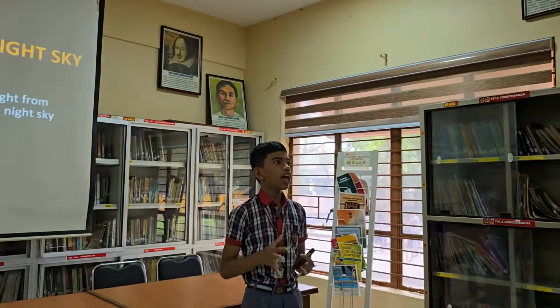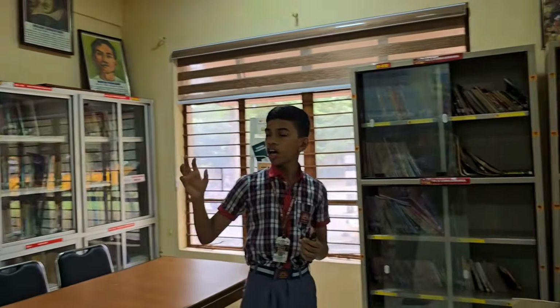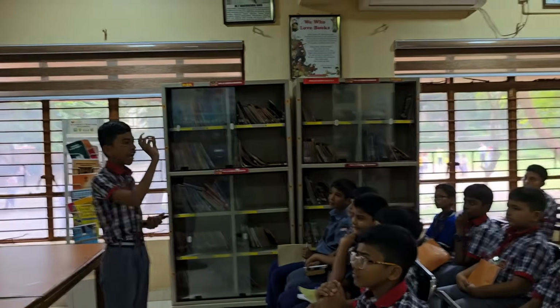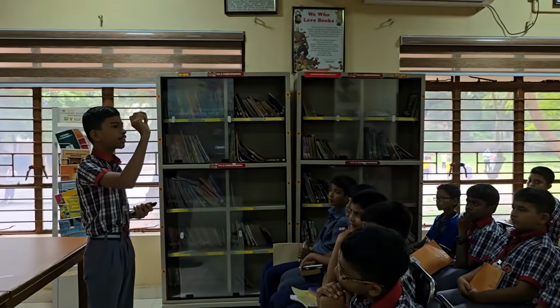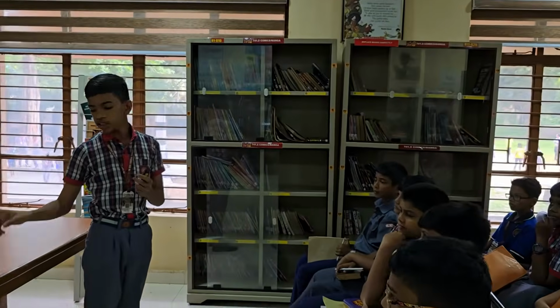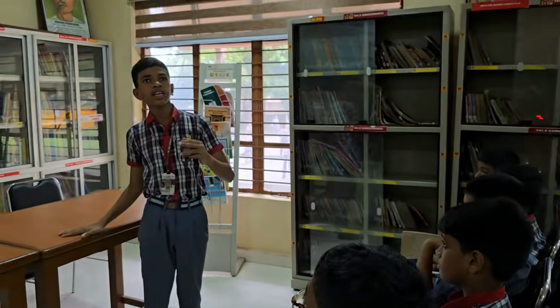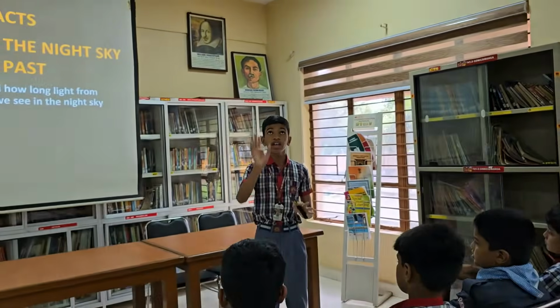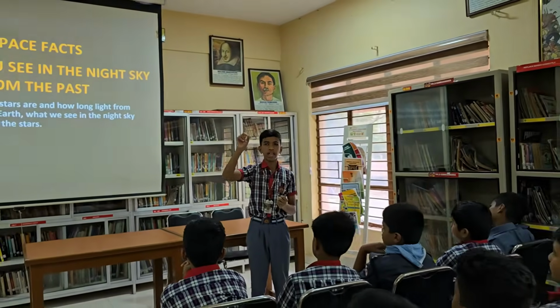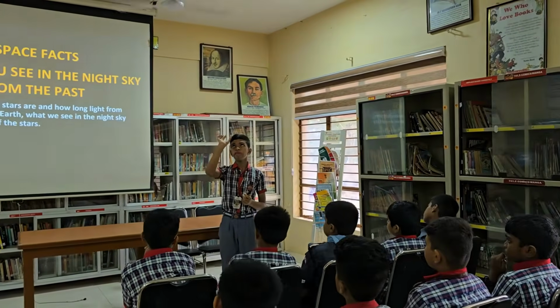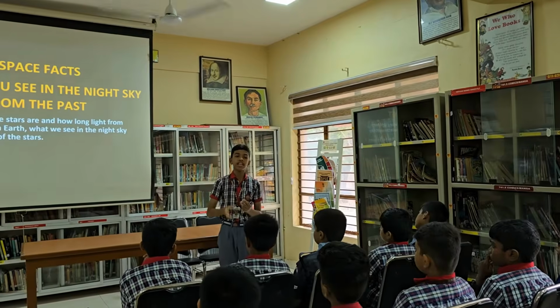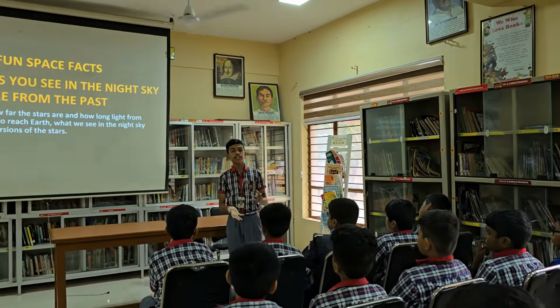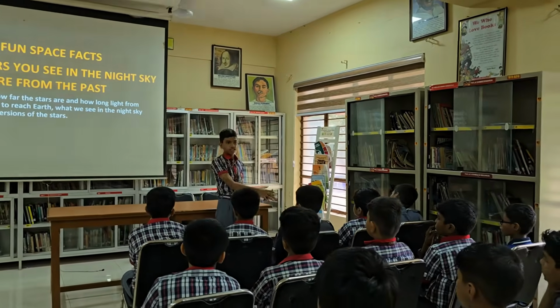This is because, like I told you earlier, the closest star to us is Proxima Centauri. Light from that star takes 73,000 years to reach Earth, which means the image we are seeing of Proxima Centauri is actually 73,000 years in the past.